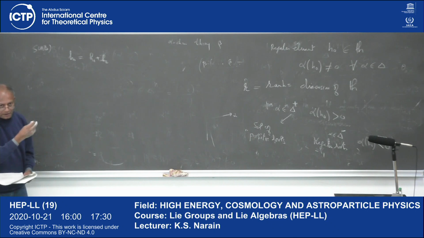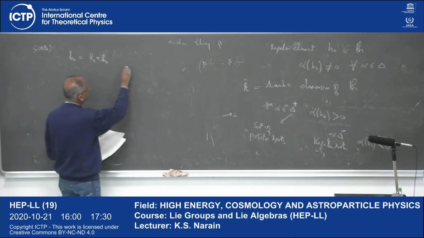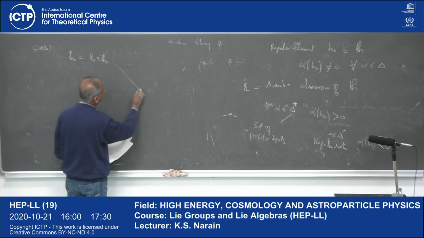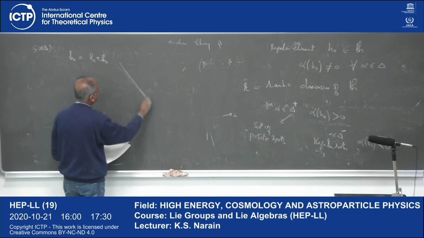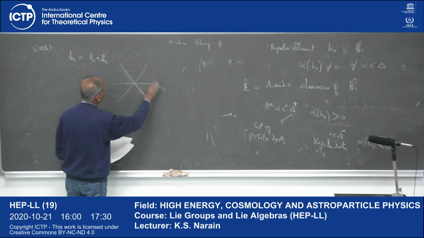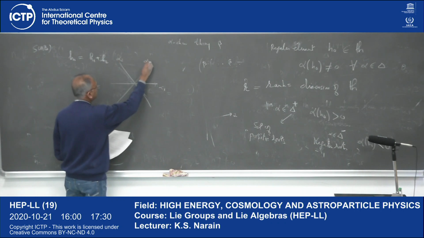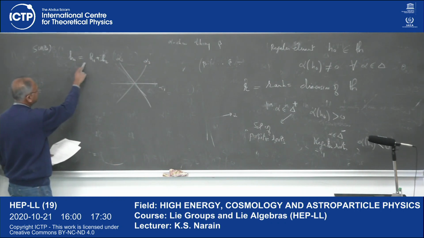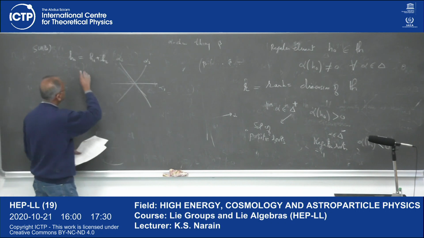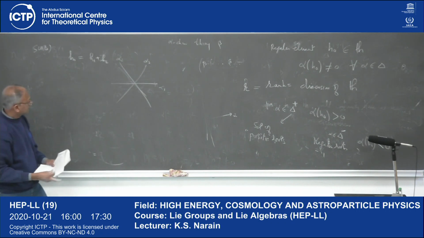In this picture we had alpha 1, alpha 2, and alpha 3. This was nothing else but H3, which was H1 plus H2.